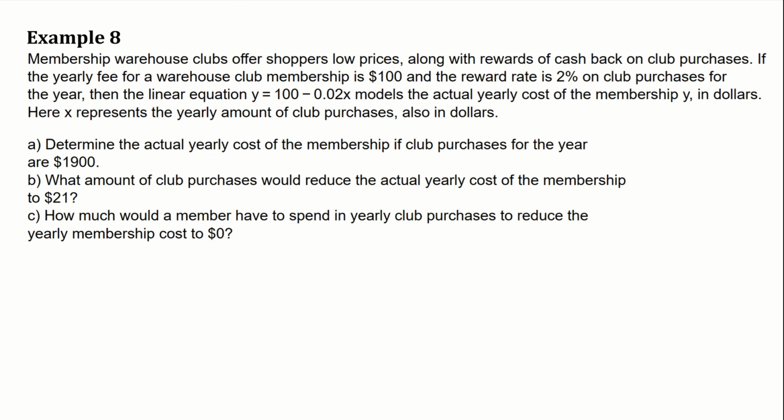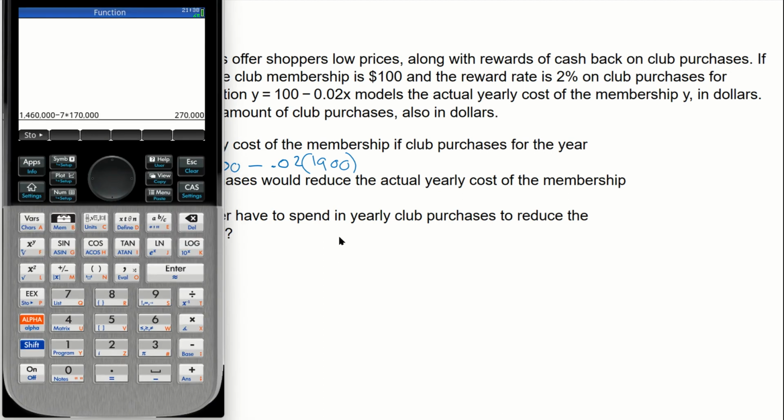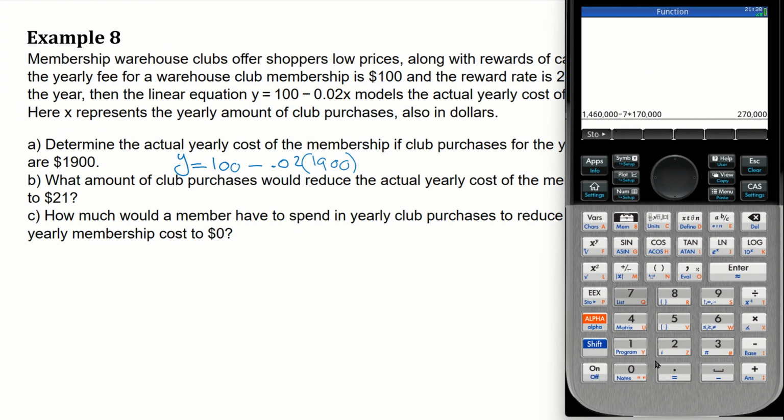So we're going to get y equals 100 minus 0.02 times 1900. So let's go ahead and calculate that. So 100 minus 0.02, we can actually do that in our heads probably, but let's be safe, because that's just going to be like $38, right?